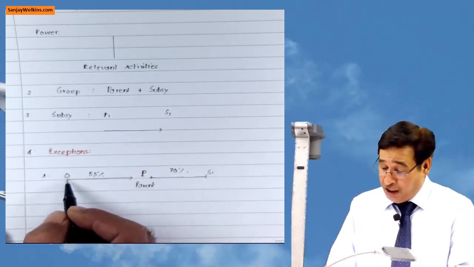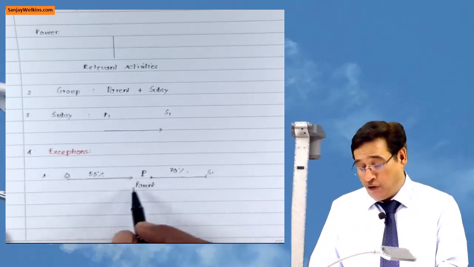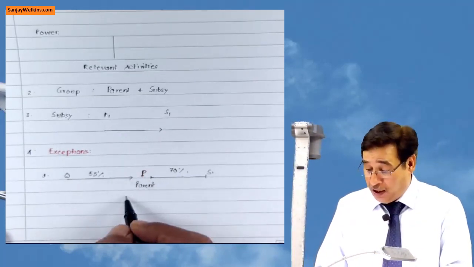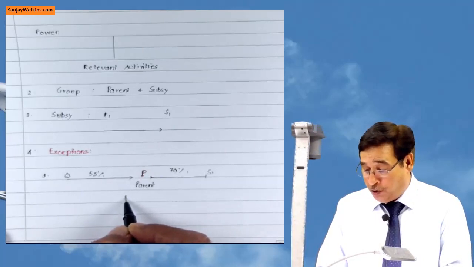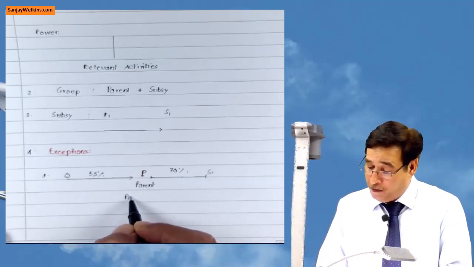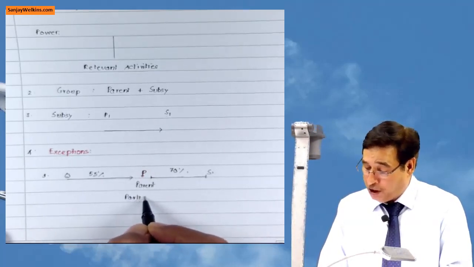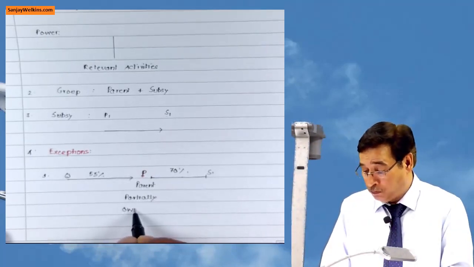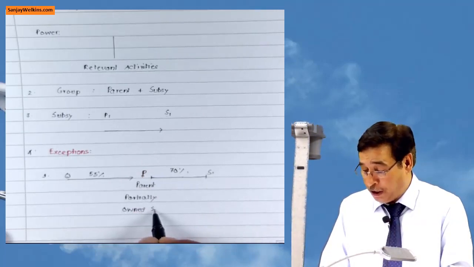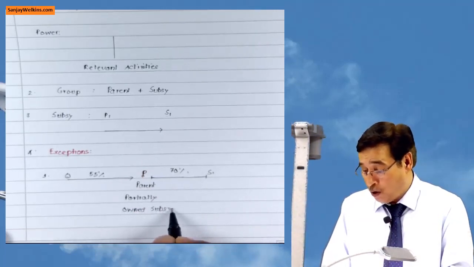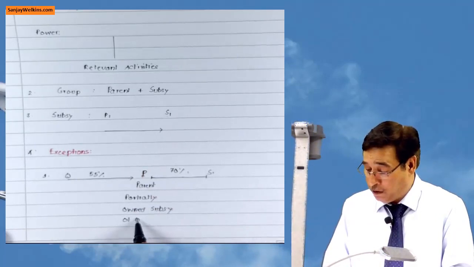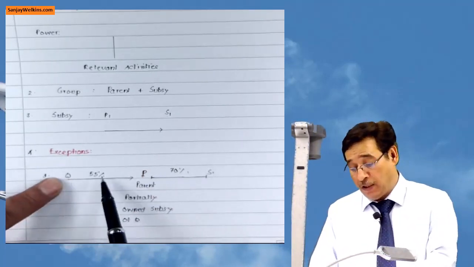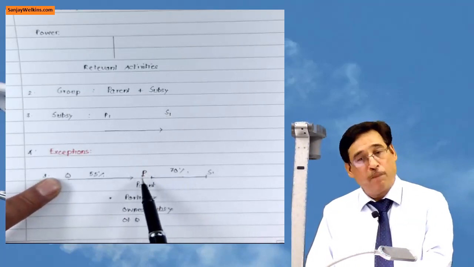It means if we analyze the relationship between Q and P, we find that this company is now a partially owned subsidiary of Q Limited. Q Limited has invested in 55% stakes of P Limited.